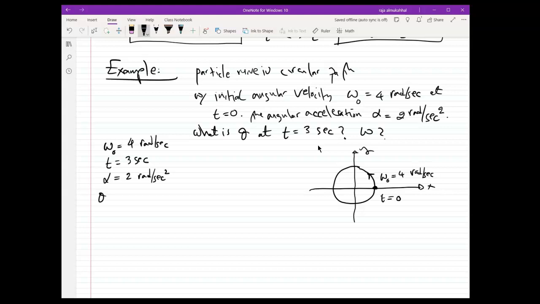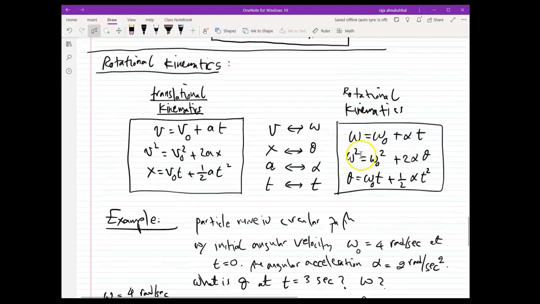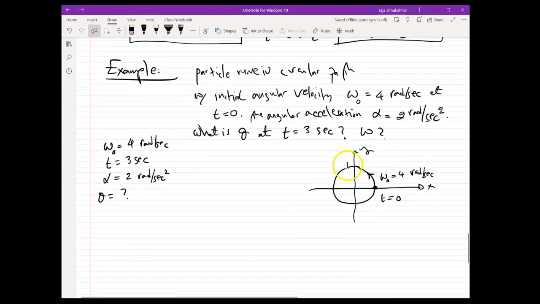And he's looking for theta, right? So one way to do that, if you go back to the kinematics, I'm going to use the third one right here. Or I can use this one. However, this one requires that I need to know omega later. You see what I'm saying? On the 3rd second. So let me start with the third one right here.